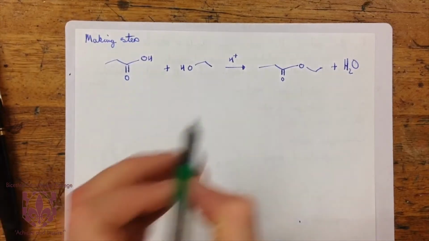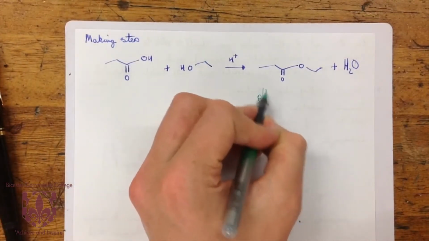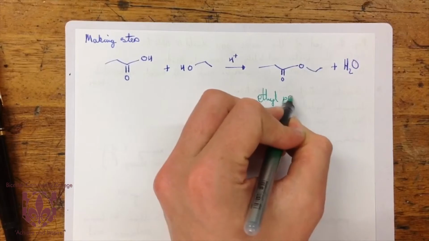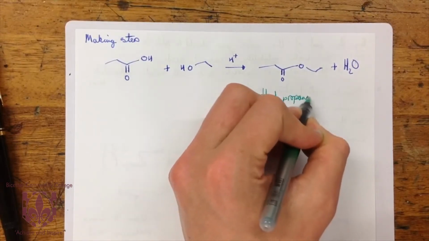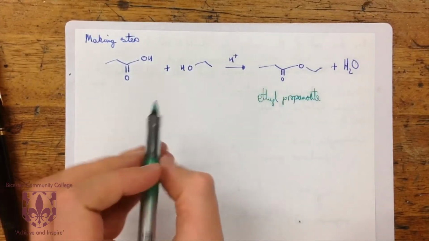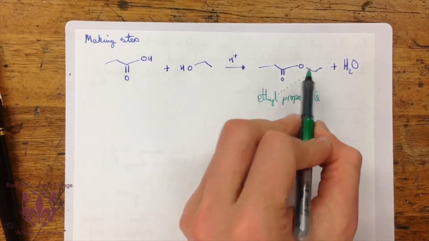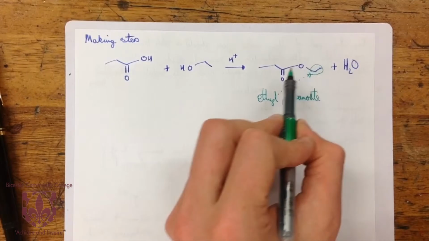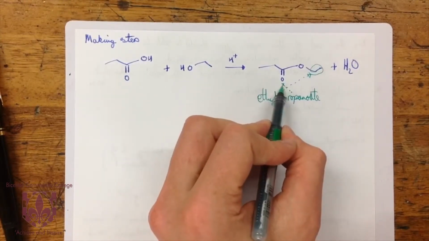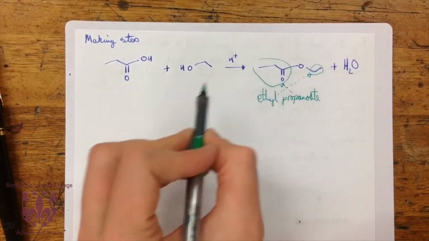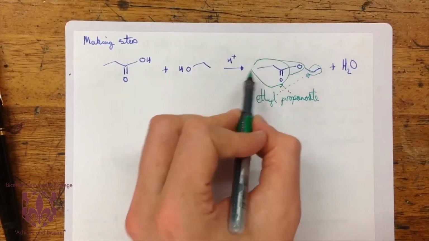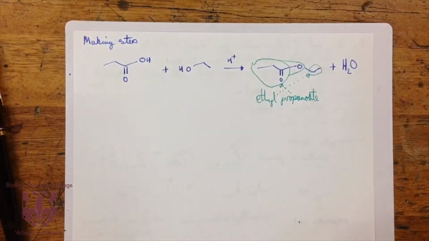And this here is ethyl propanoate. Okay, so ethyl is this bit here, and the propanoate is this bit here. I'm sure I should include that really. Okay, so ethyl propanoate.